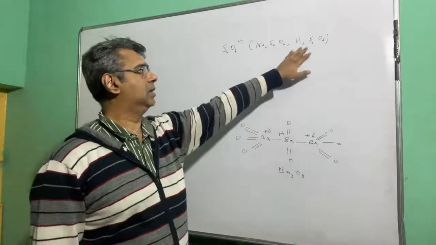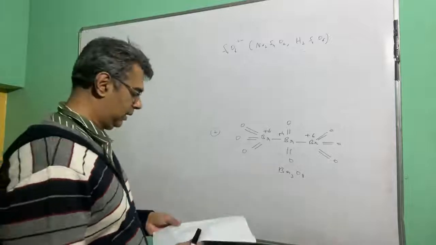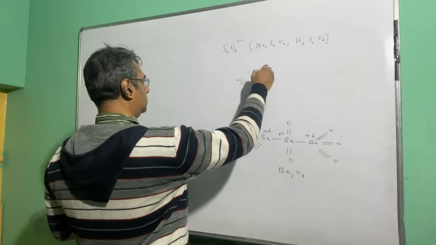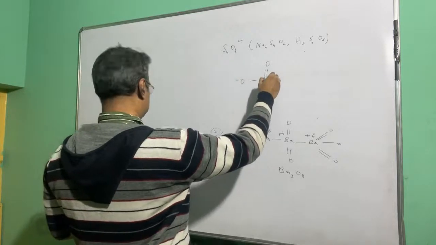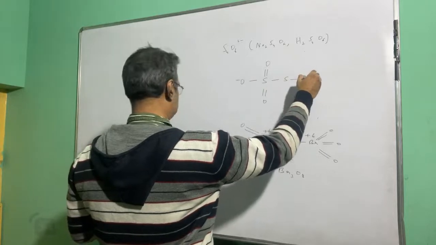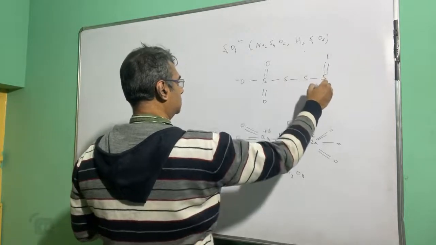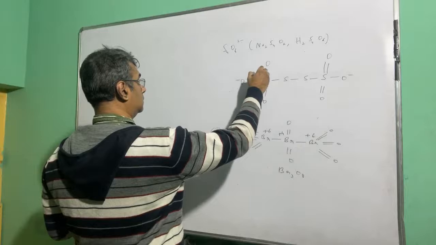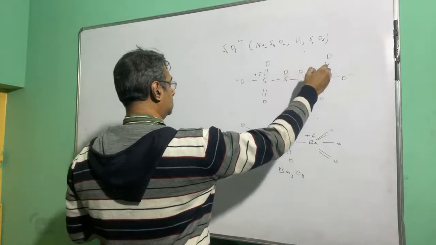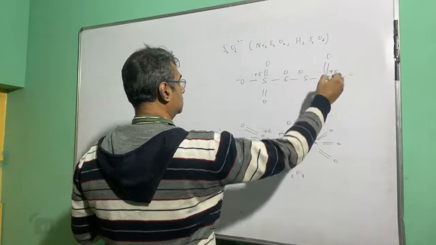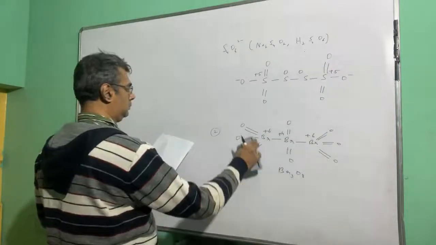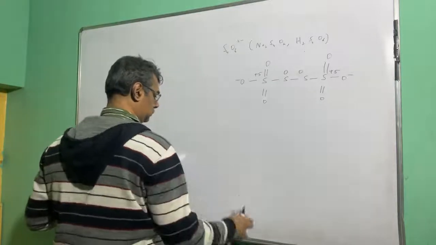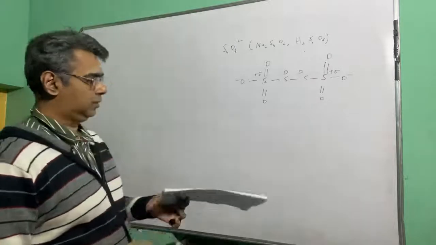So instead of analyzing these compounds, we can just analyze this group S4O6 2 minus.